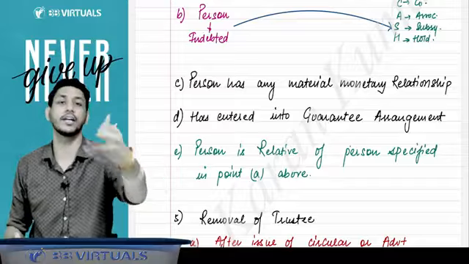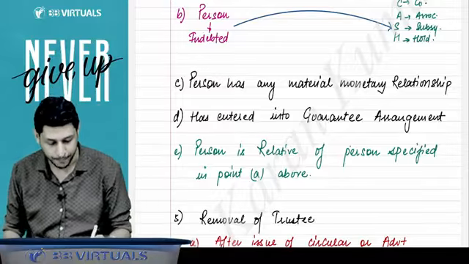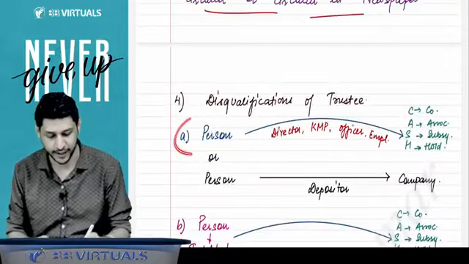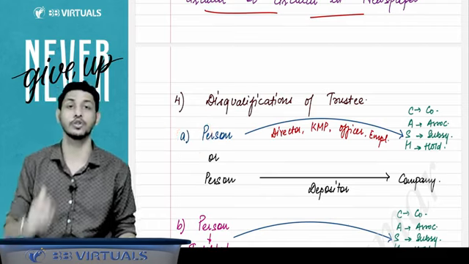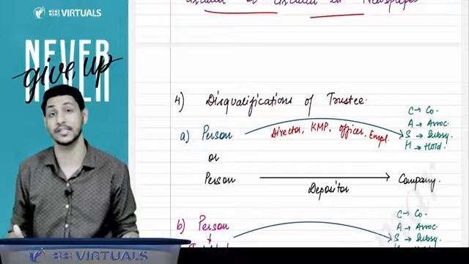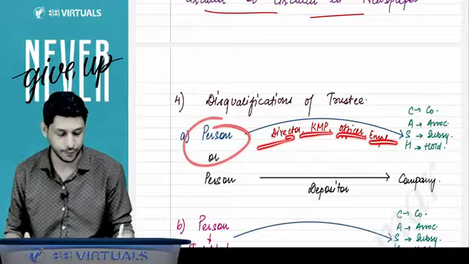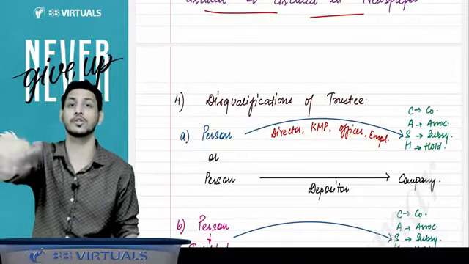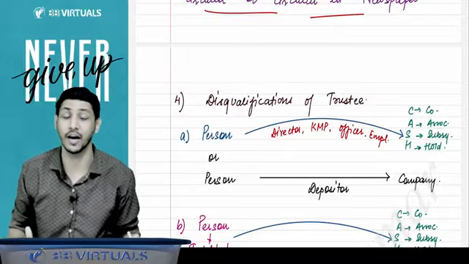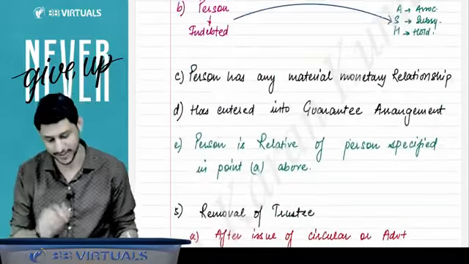So if you are the guarantor, you cannot be the trustee. And if a person is a relative of the person specified in point A above, that relative also cannot be the trustee of the deposits. The person who is director, KMP, officer, employee of the company, their relatives also will be disqualified. They cannot be the trustee also. Got it? Got it, sir.